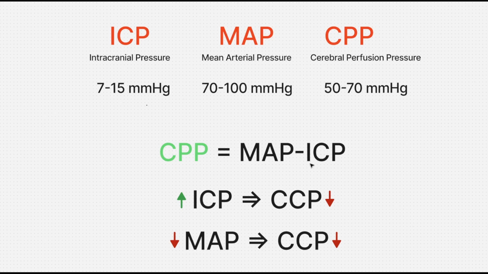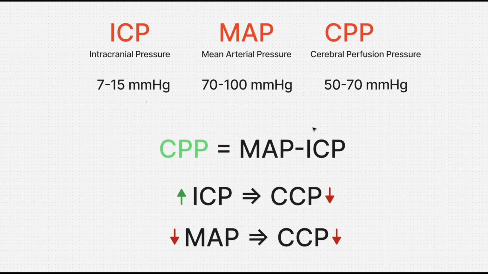This is the driving force of blood into the brain. But we also have a resisting force, which is the intracranial pressure. The intracranial pressure resists the flow of arterial blood into the brain. And this is why the cerebral perfusion pressure is calculated as such.